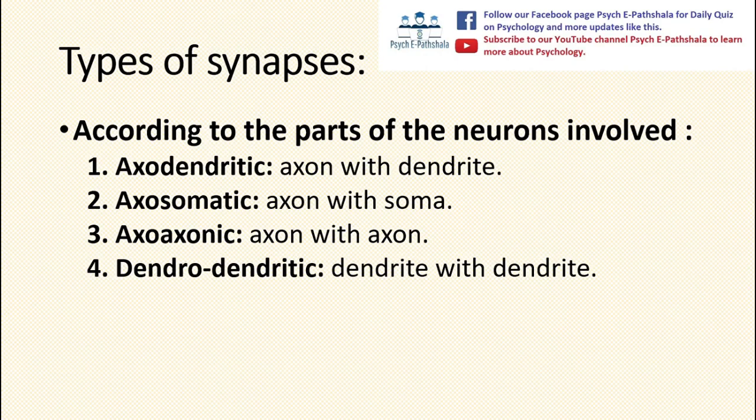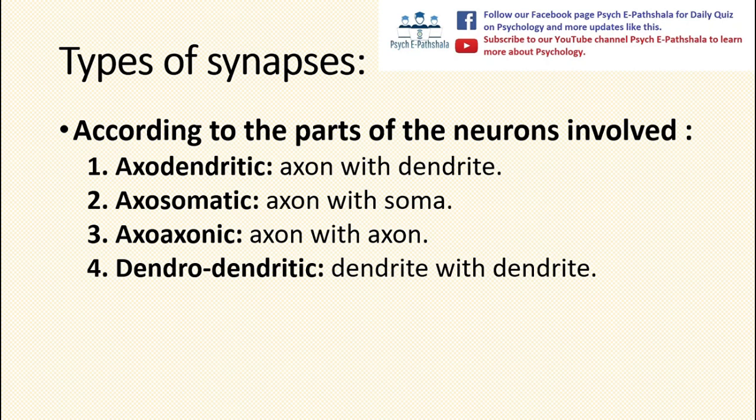Based on the paths involved, synapses can be of four types. Number 1, axodendritic, where an axon of a neuron is attached with a dendrite of a following neuron. Number 2 is axosomatic, where the axon of one neuron is attached to the soma of another neuron.